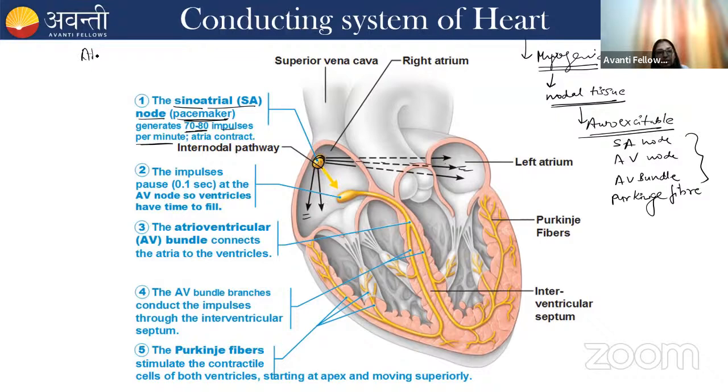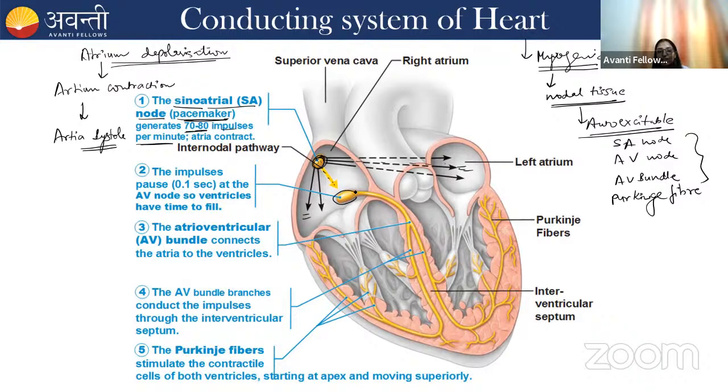Atrial depolarization occurs, because the membrane potential has changed. Because of this depolarization, the atria contract, which we call atrial systole. Okay.